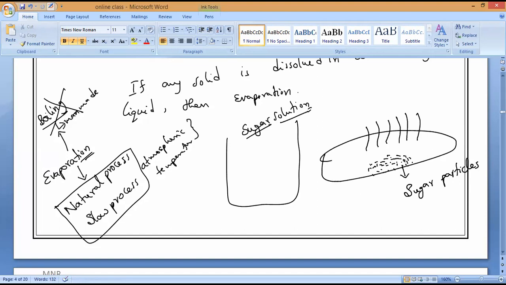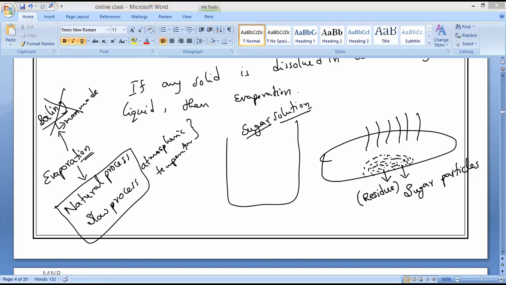So after evaporation of the liquid or water, the solid particles that are left, that is what we call residue. What do we call it, everybody? Residue.